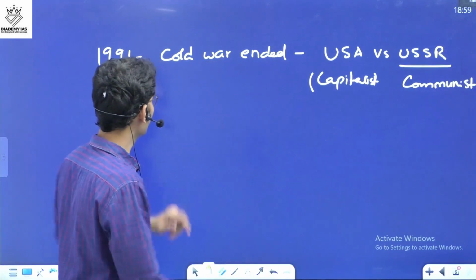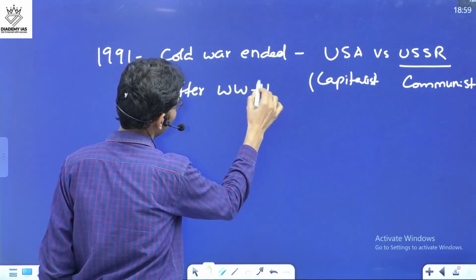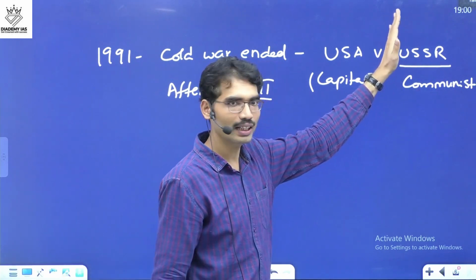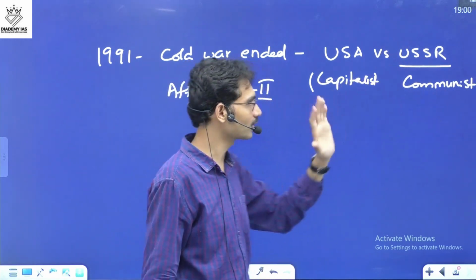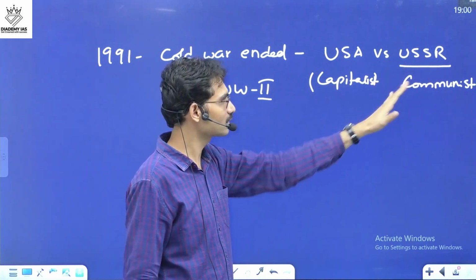And this Cold War intensified after the Second World War. During the Cold War time period, the entire world was divided into two blocs, capitalist bloc and communist bloc. Both fought against each other through proxy wars.